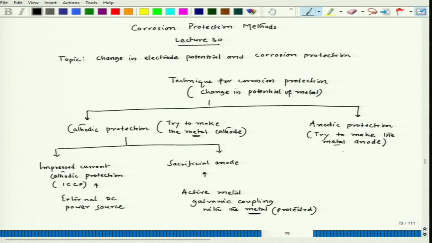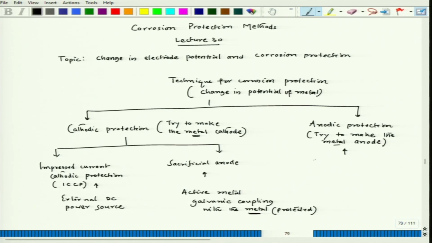Now, in anodic protection, interestingly, we take the metal to the more anodic side, or positive end, in terms of potential. If we maintain that potential at a certain level, we get to see a very, very low dissolution rate of the metal under protection.